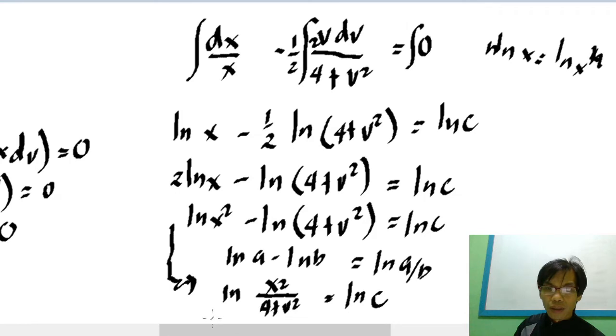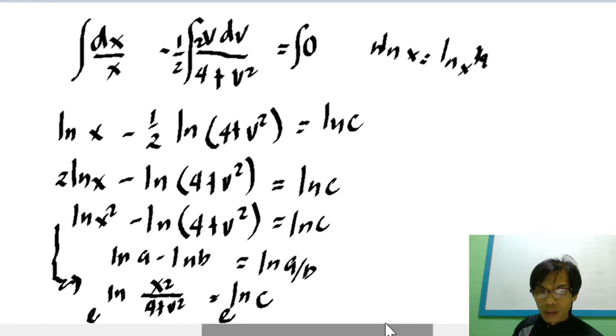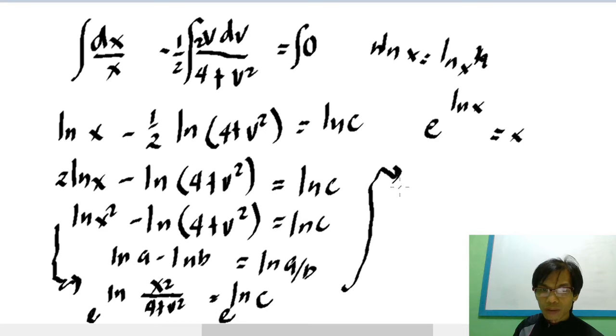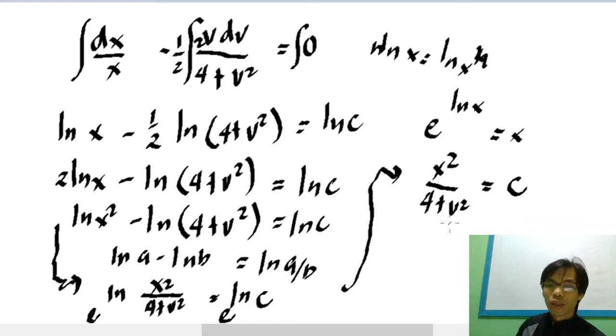To eliminate the logarithm part, we have to put e to the power in here, right? You can still remember in properties of logarithm, we have e to the ln of x is equal to x. So therefore, we have x squared over 4 plus v squared, and that is equal to c.